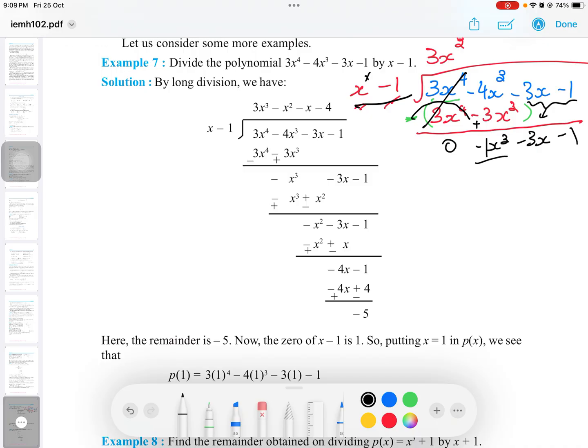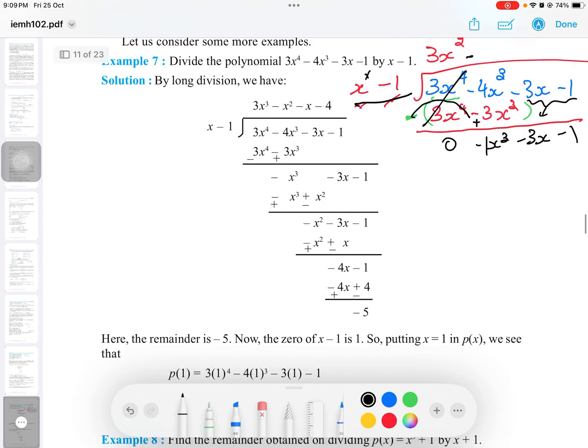With what number do I have to multiply x to get this term? Negative x square, right? So negative x square times x would give me negative x cube. And if there's no coefficient, it's obviously 1. And then we don't want to forget that we have this term also. Now my thing is getting too shabby.